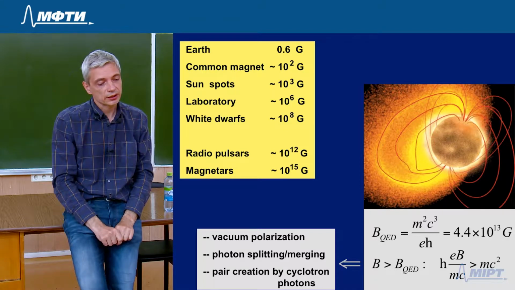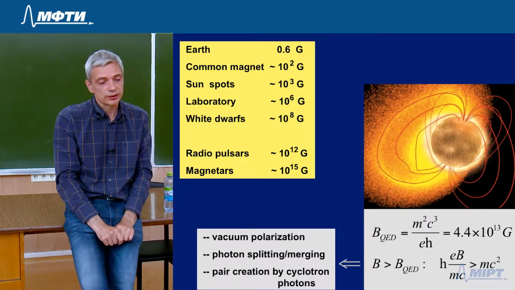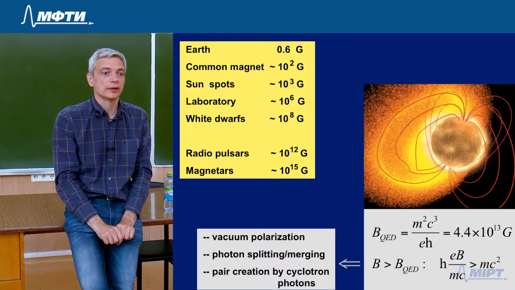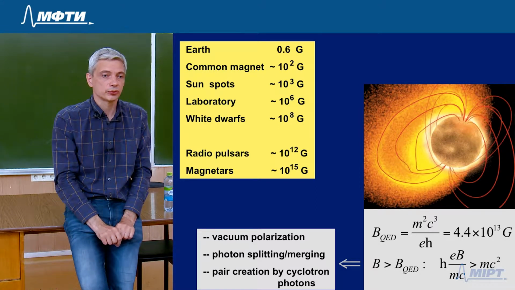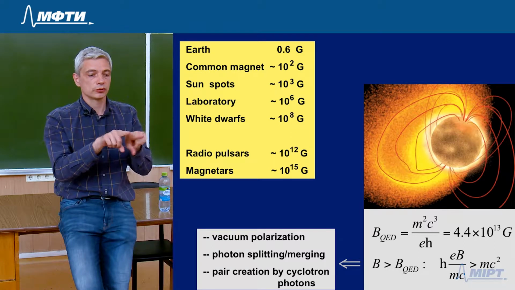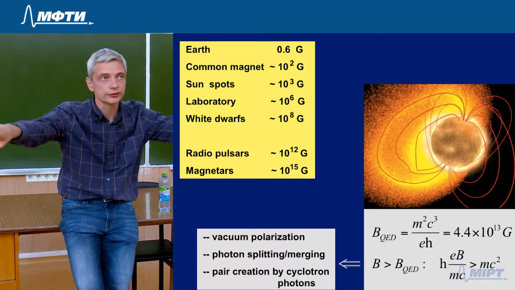Another funny thing that is happening is that two photons can merge into one, and a photon can split, the inverse reaction. Of course, this is completely forbidden in a vacuum without field, because you would not conserve energy and momentum. A photon cannot decay into two photons, right?